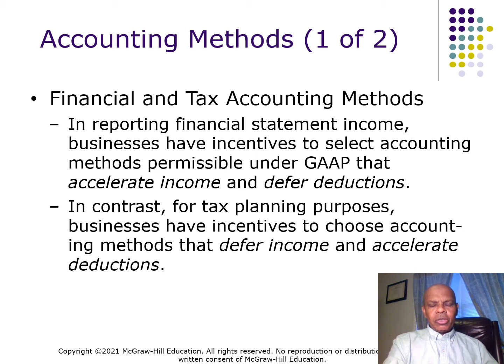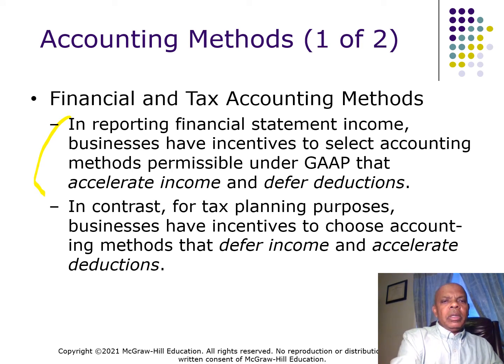Businesses like to brag about their performance, right? Businesses want to show we're doing well, we're making a lot of profits. That's why they accelerate income. Everybody knows what accelerating income means: they want to report more income this period rather than pushing it back to the next period.